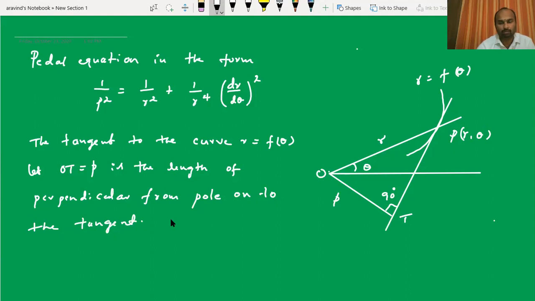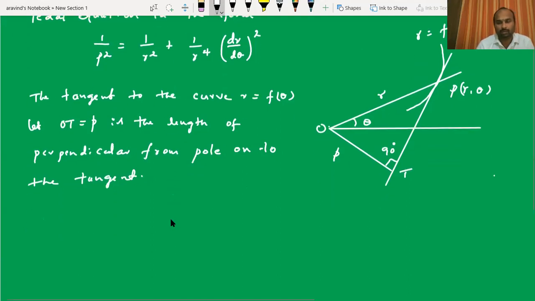Now, this angle is called phi. Phi is the angle between the radius vector and tangent.